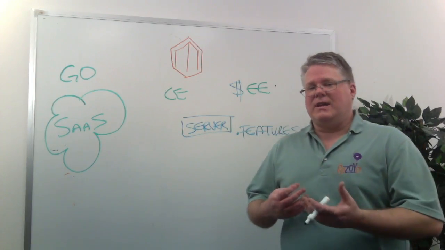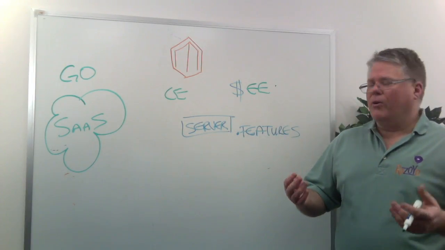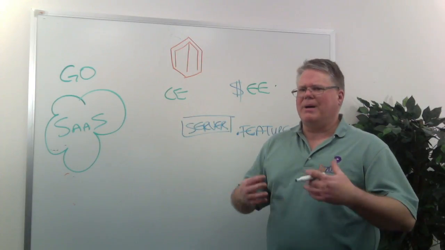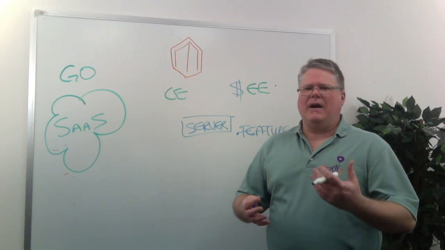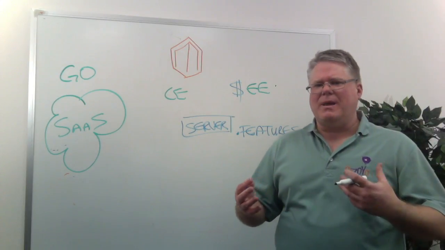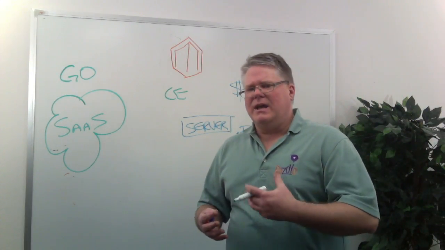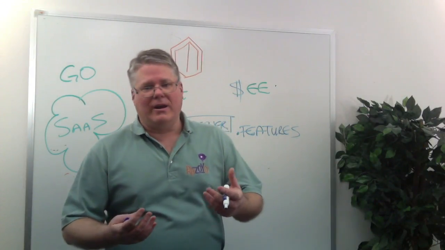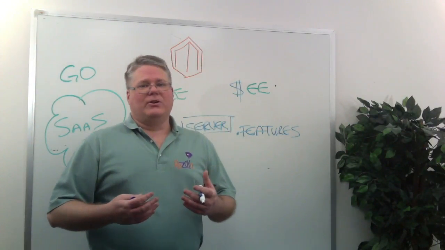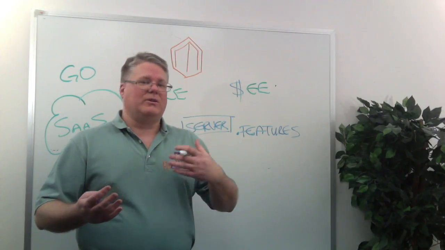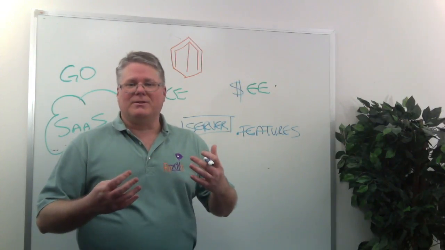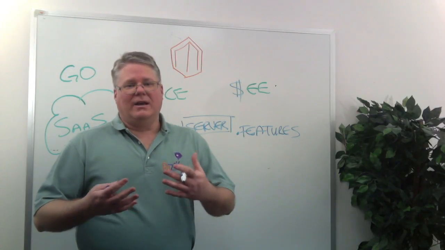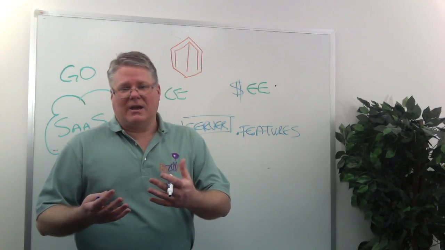So those are things that you pay a little bit more for. And most of those features you can get in the Community Edition by adding extensions, but you have to be careful because those extensions may be provided by different companies, and so you're going to need somebody to work with you on that, a systems integrator or a developer, to make sure that those extensions don't conflict with each other and there are no problems. So it's quite a bit of value that the Enterprise Edition provides in the features themselves.